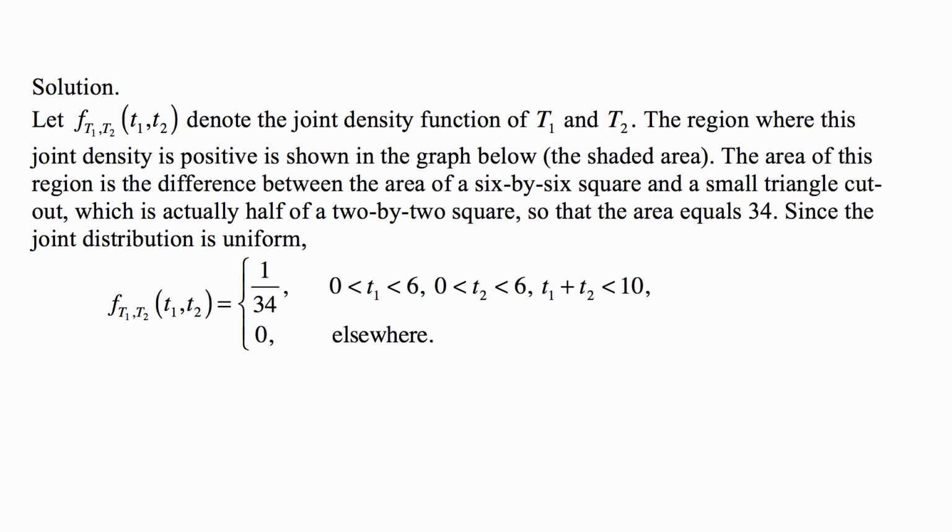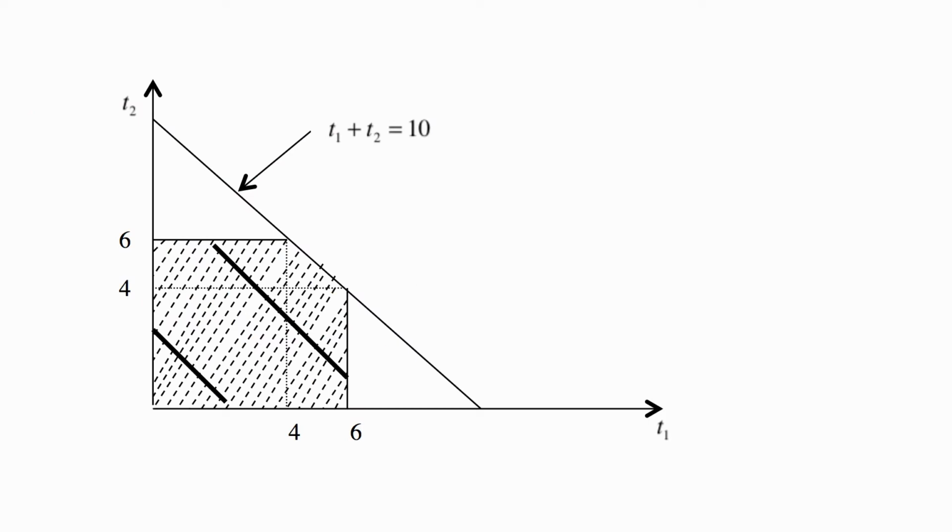And let's take a look at the picture of that. So here is the picture. And the point I was making about the cutout is, if you take a look at this line where T1 plus T2 is equal to 10, which is the same as T2 equals minus T1 plus 10.